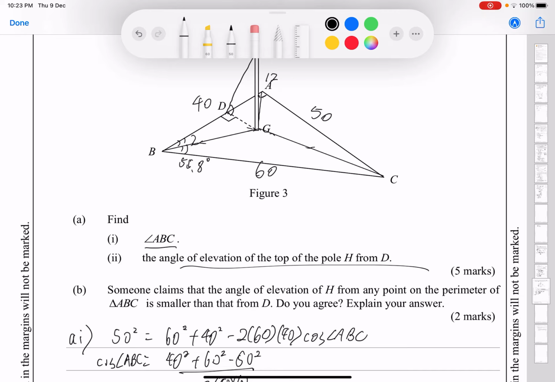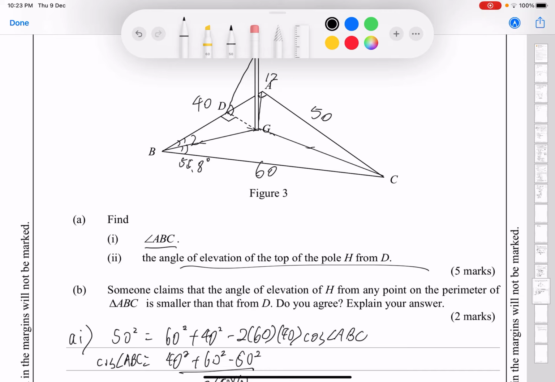Okay. First, we need to let DA be x. So, BD will become 40 minus x.